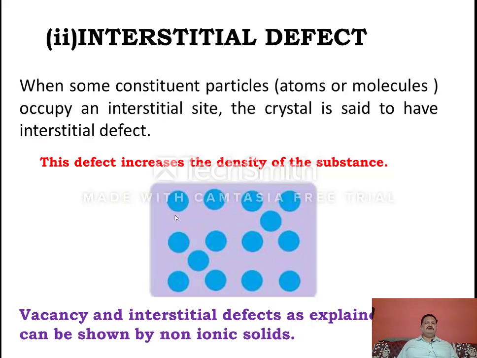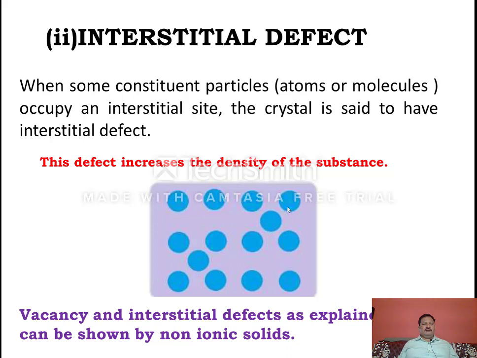So next is the interstitial defect. When some constituent particles, atoms or molecules occupy an interstitial site, the crystal is said to have an interstitial defect. See, this is the crystal lattice. There are atoms having their perfect positions, but some extra atoms settle in the interstitial gaps.